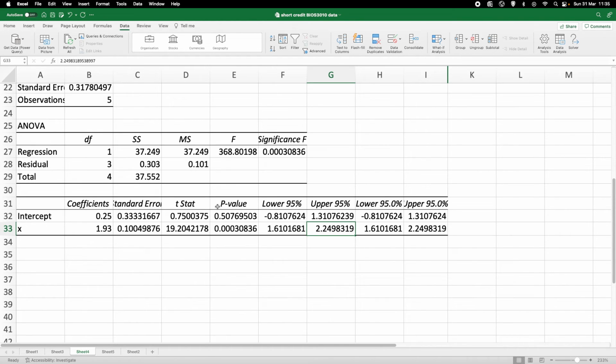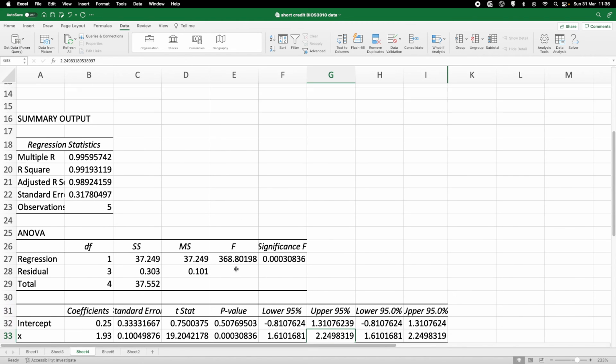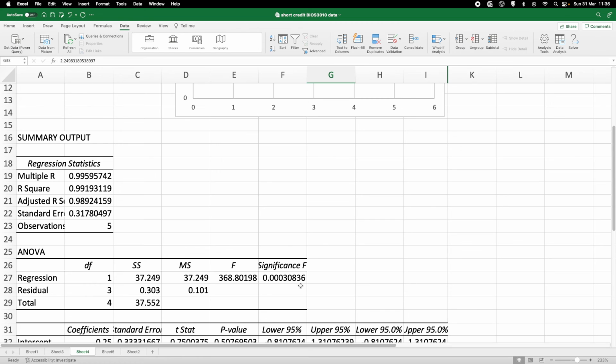We also get the lower and the upper bound, and we see that the value of 0 is included in this, so the intercept is not significantly different from 0. And that is a lot of information that we get from this Toolpak.